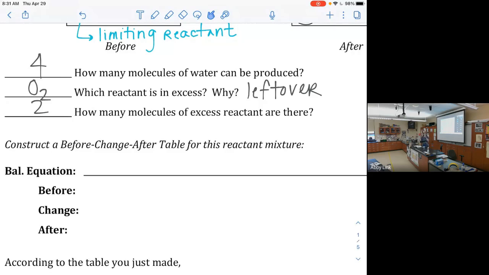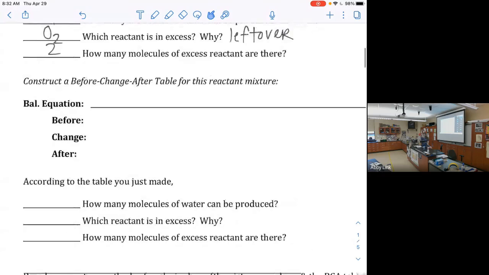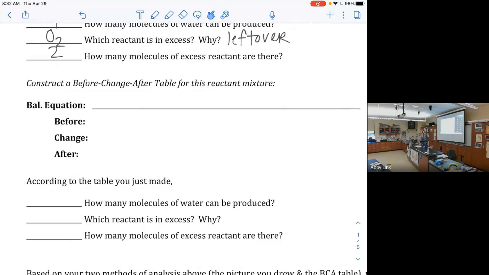Now, the BCA table is beneficial, I think, personally, for limiting reactant problems. If you don't agree with me, that's totally fine. I don't care whatever method you use. I've been saying that since the beginning, okay? I am going to go ahead and solve this, though, with a BCA table to kind of show you how we actually have to go through this, okay? I'm just going to go ahead and write the same reaction down here on my line.